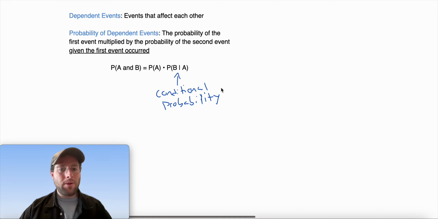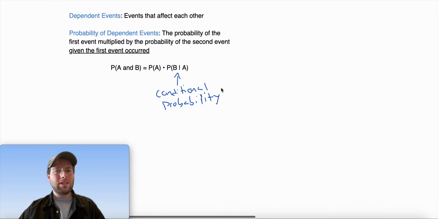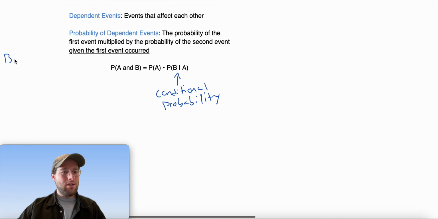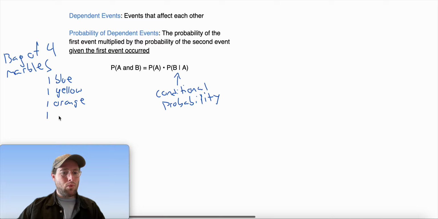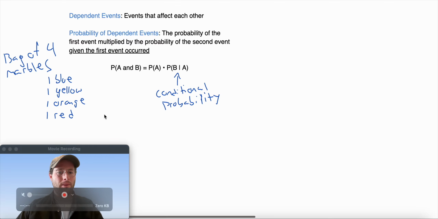All right. So now let's dive into an example with this one. Let's imagine we have a bag of 4 marbles, and in this bag, let's say I have 1 blue, 1 yellow, 1 orange, and 1 red marble.